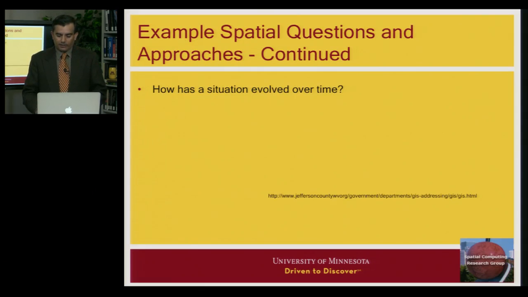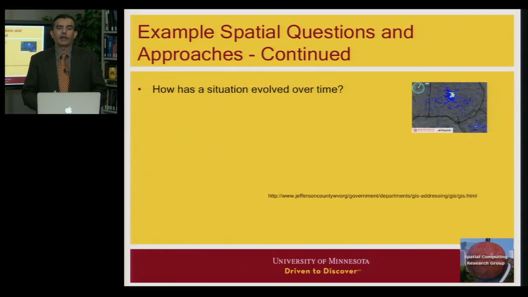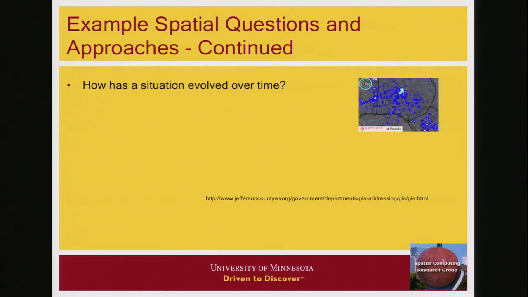Continuing on, people also are interested in temporal variation. Sometimes the situation changes a lot from day to day or hour to hour. For example, here we are showing you an animation of crime reports in Amsterdam by the hour of the day. As you can see, the crime pattern changes from night to rush hour to day and so on. This is of help to police and other people working with crime to manage that.